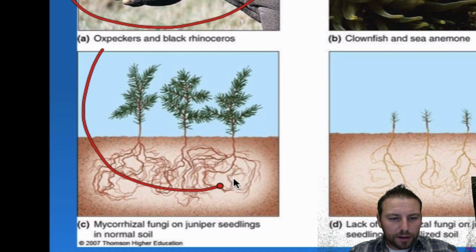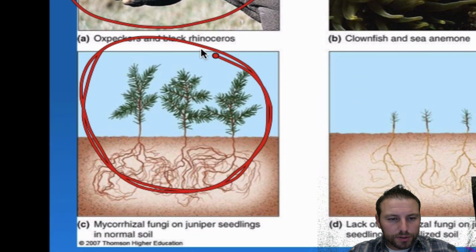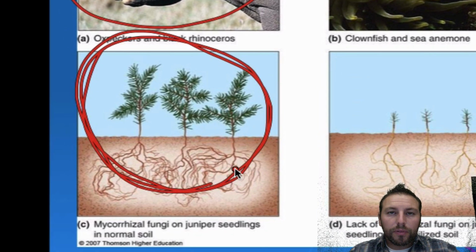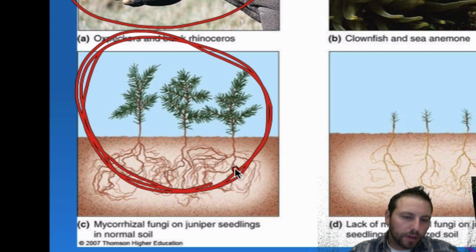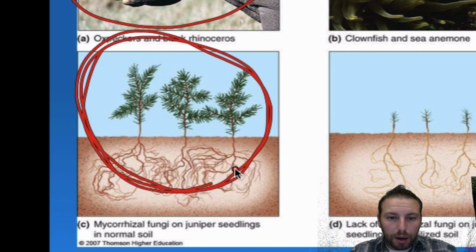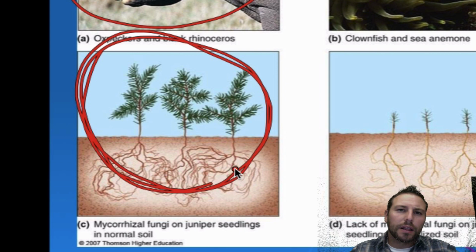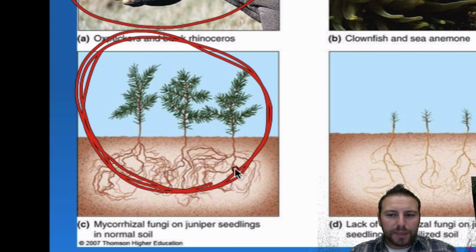The fungi on seedlings also help by providing nutrients, and in return those junipers are going to be providing some carbohydrates for them, and just a place to be. We also see this with the rhizobium on legume plants, the same type of mutualistic relationship. We see that a lot with some sort of microorganism and plant species.